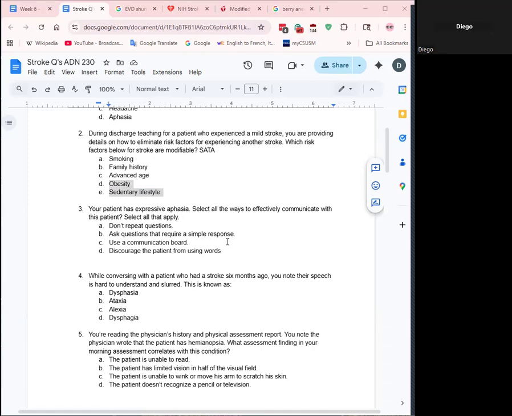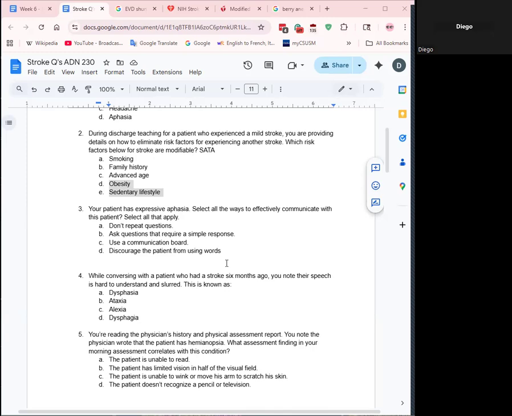They're understanding you all the way. Using a communication board if they have an easier time writing. With aphasia, they might also have a hard time writing, but it all depends on exactly where that clot is. They can have some of those symptoms that are listed under the left-sided stroke.